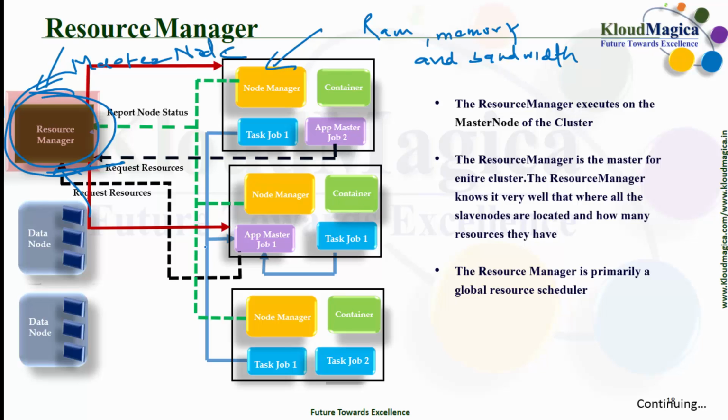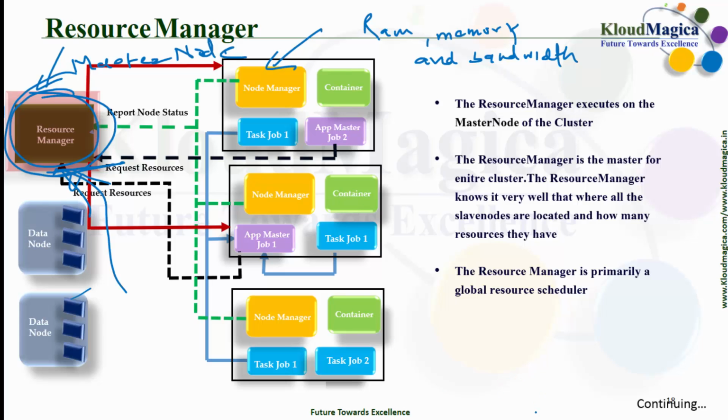Resource manager knows it very well where all the slave nodes are located and how many resources they have, and that is basically the concept of rack awareness which we have already seen. It runs many services. The most important is the resource manager which decides how to assign the resources.